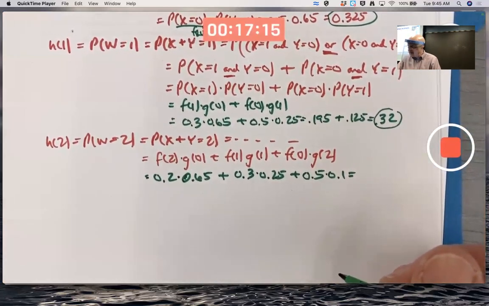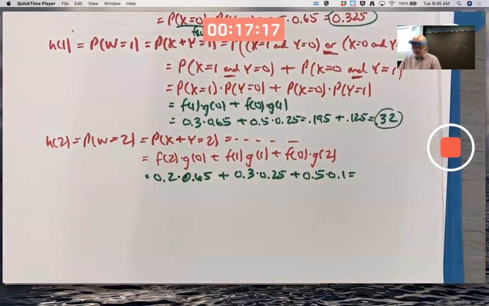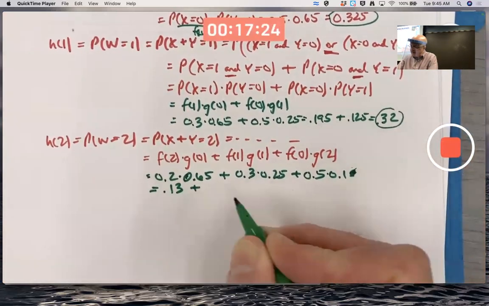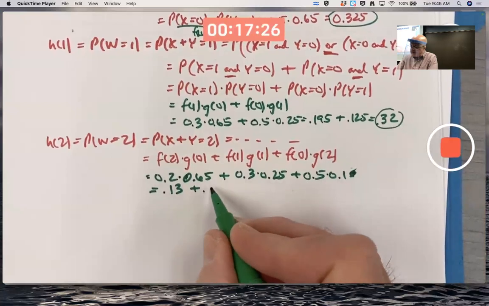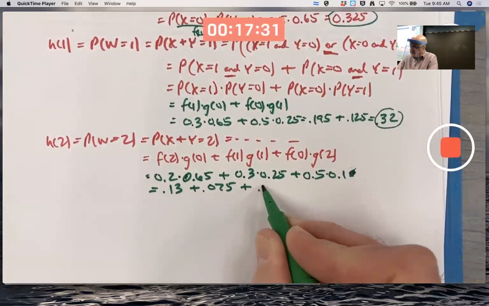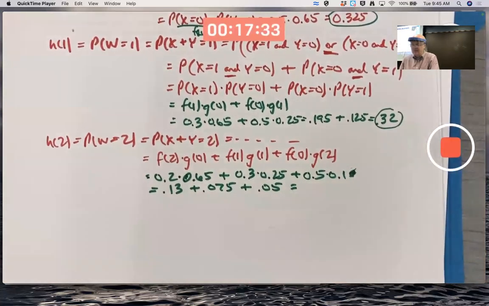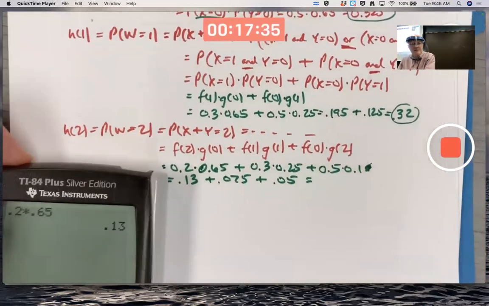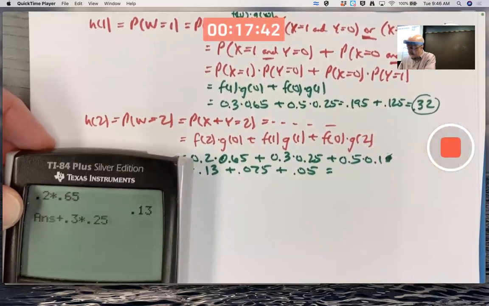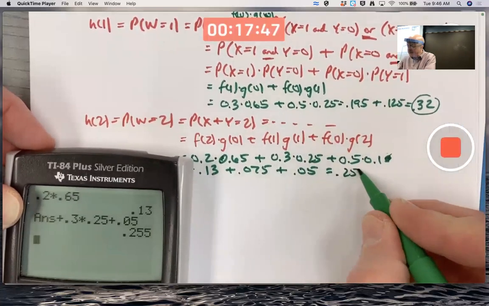Does it look good? This gives 0.13 plus 0.075 plus 0.05, if I've not made a mistake. 0.255.